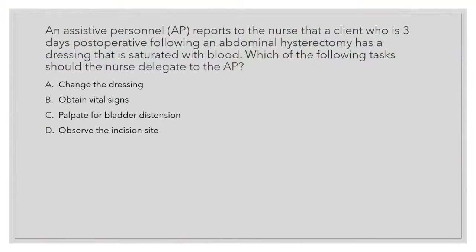So we have an assisted personnel, so basically an aide, reports to the nurse that a client who is 3 days post-op following an abdominal hysterectomy has a dressing that's saturated with blood. Which of the following tasks should the nurse delegate to the AP? What do you guys think? I can't see the Blackboard when I have the slide show up.